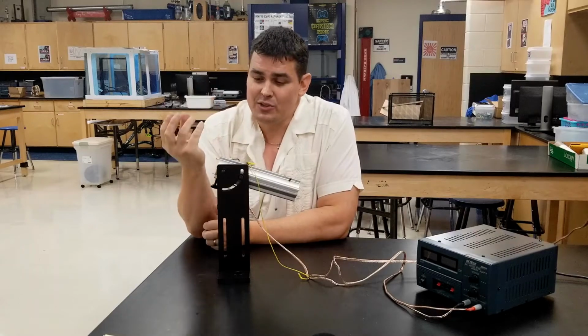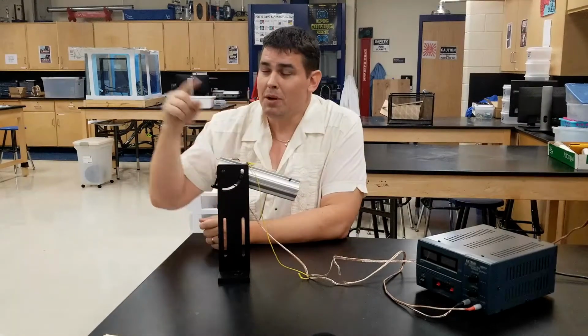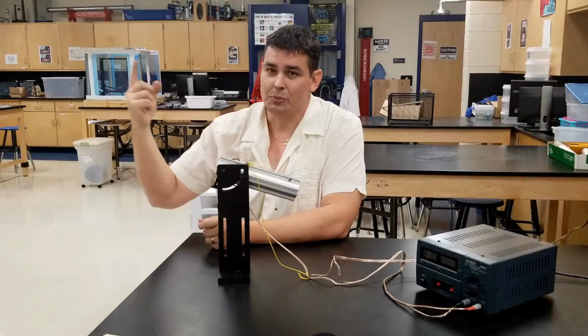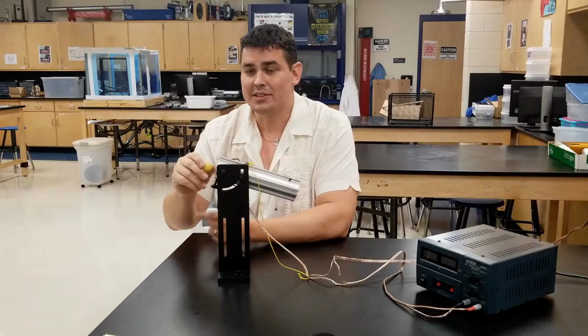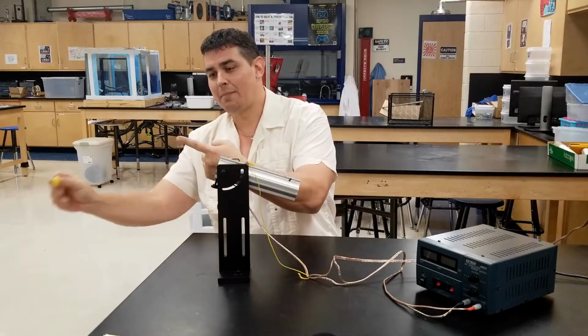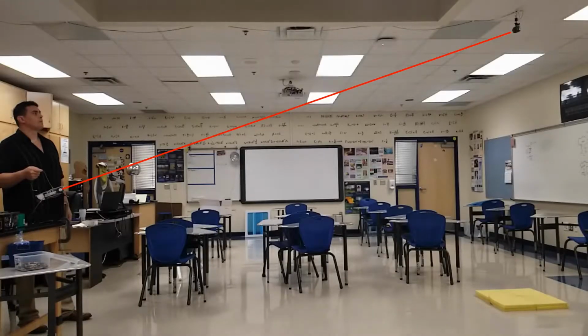But because there is gravity, gravity's pulling both things down at the same rate. So the monkey falls some distance from its original position, and this bullet is going to fall that same distance from the straight line path that it would have taken if there was no gravity.